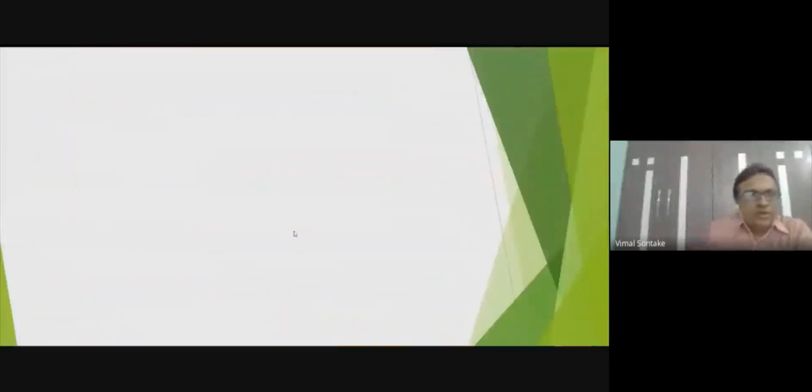It is also given as eta, the efficiency of the fin. See what is happening? The temperature of the fin is changing along the length of the fin, isn't it? Depending upon the area, it is varying from the root of the fin to the tip of the fin.